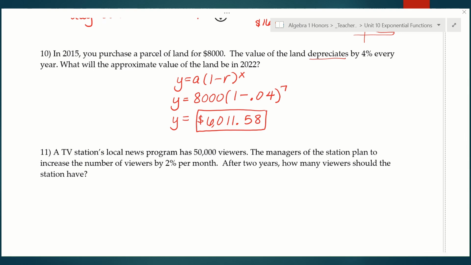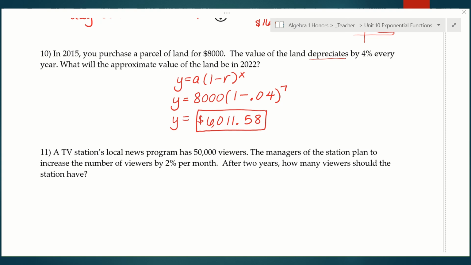A TV station's local news program has 50,000 viewers. The managers of this station plan to increase the number of viewers by 2% per month. After 2 years, how many viewers should the station have?